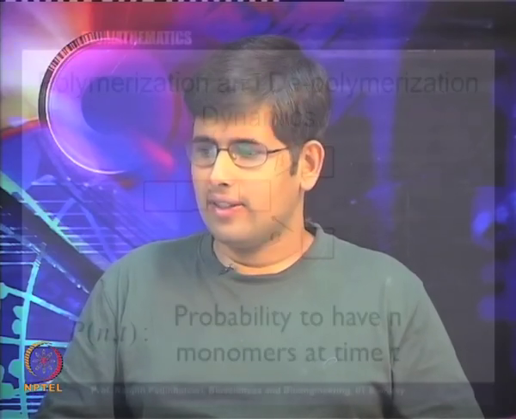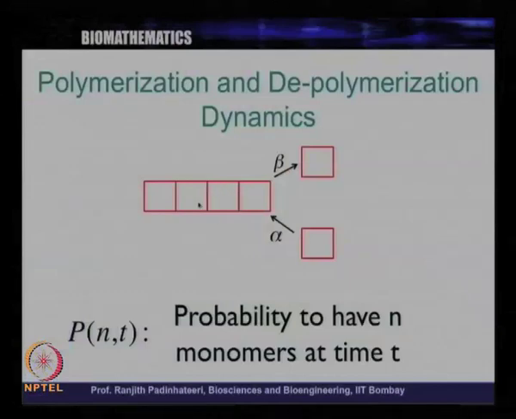So, this is also an example of how the kind of transforms that we discussed, where some f of x is converted to some other f of k or g of k, can be used to solve differential equations. Okay, so, let us take this example of polymerization and depolymerization dynamics.